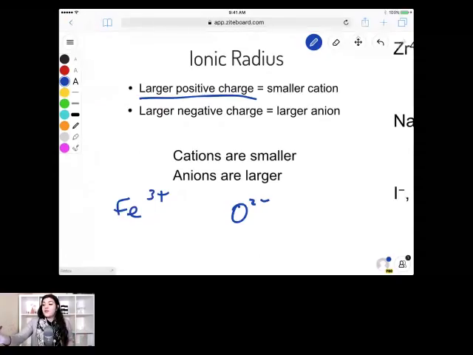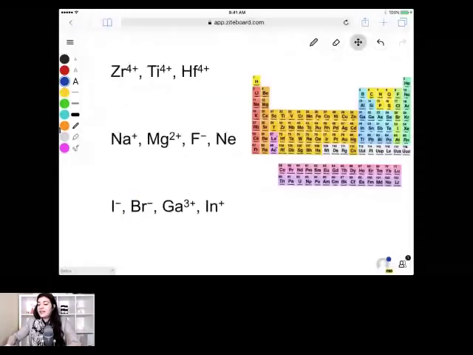All right. So if we were to arrange this in order, for this first one, note that every single ion is the exact same, right? Since they're exactly the same, we're just going to look at the overall trend. And your trend is going to be the same exact thing as your atomic radii.